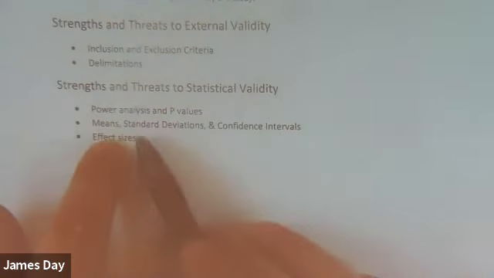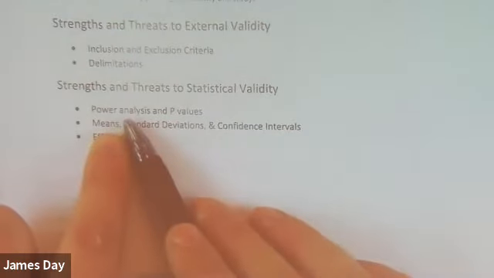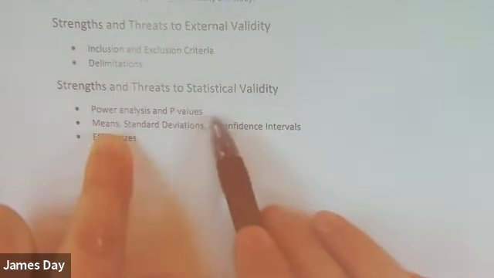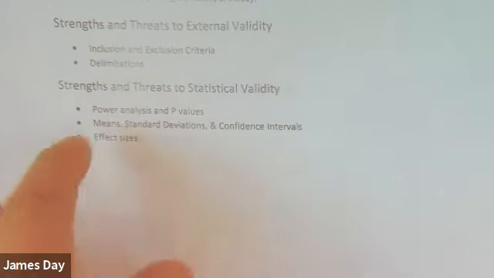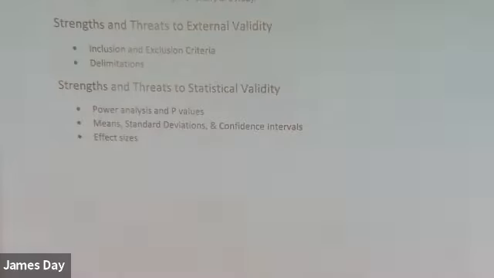So the first one being power analysis and p-values. Okay? A power analysis is something that they do beforehand. So both of these are actually going to be set beforehand.